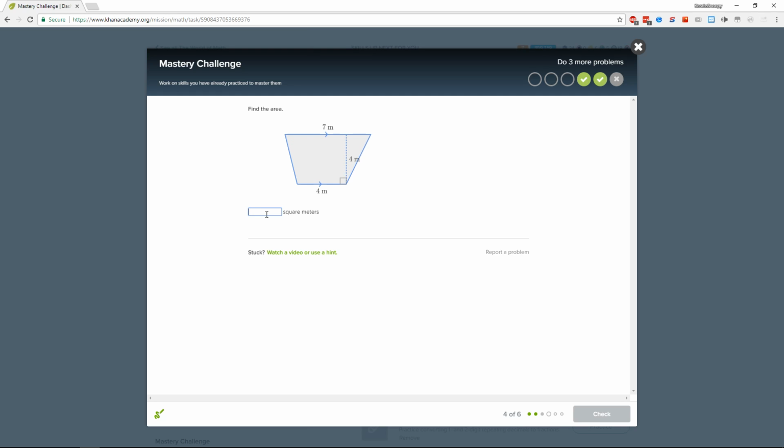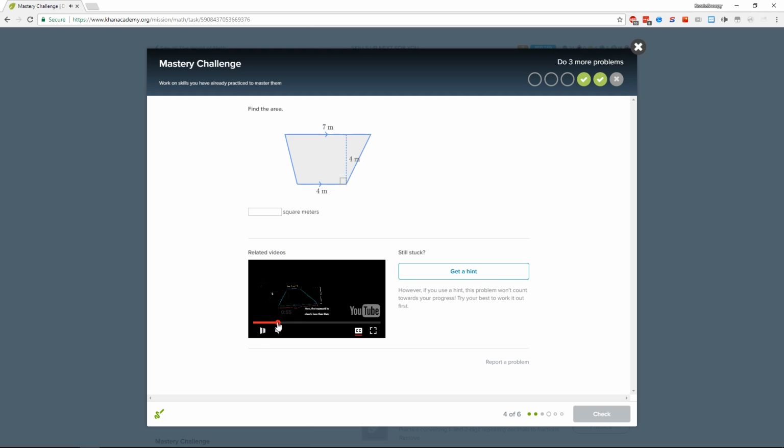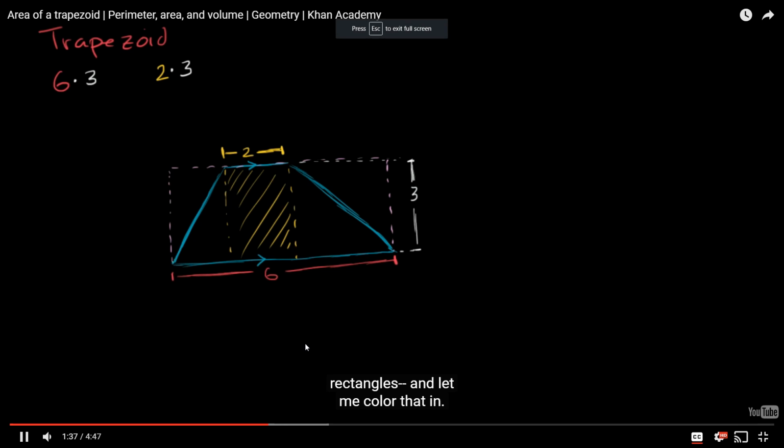Find the area. I think a trapezoid is like you add up 1/2 of them. That's those rectangles, and let me color that in.